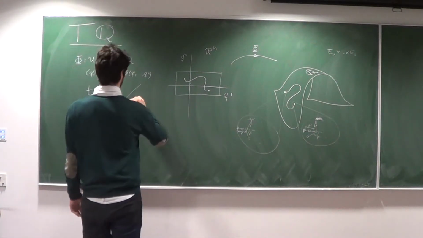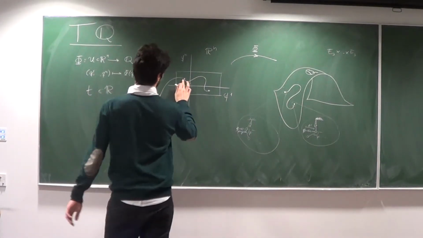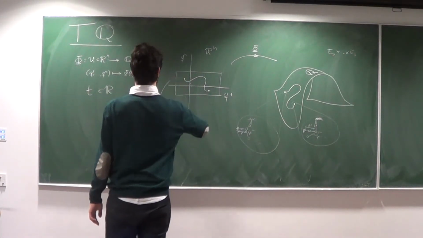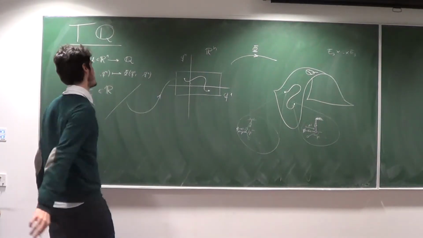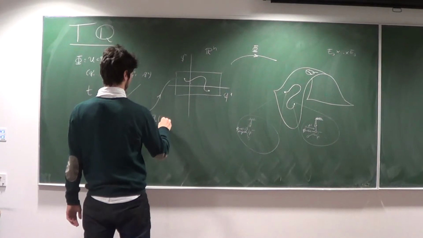And the map from the line to the space of parameters, we will typically call q of t.